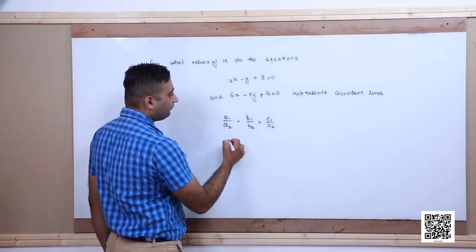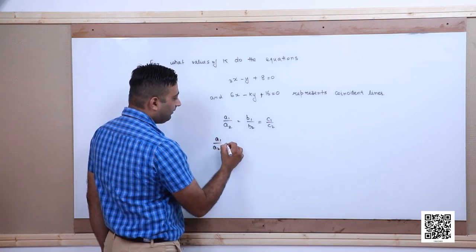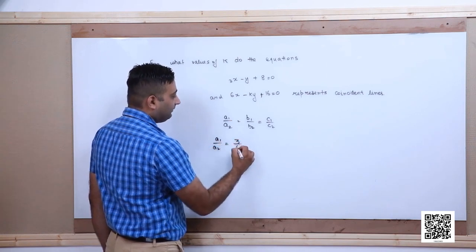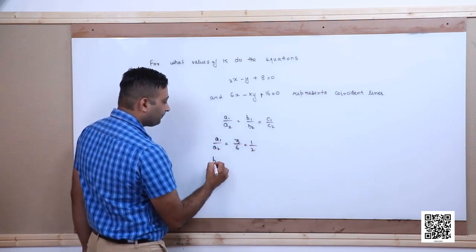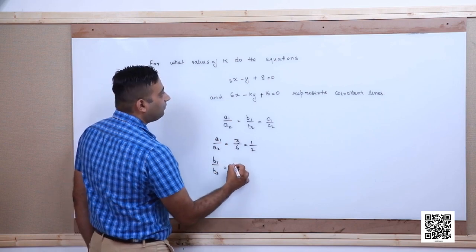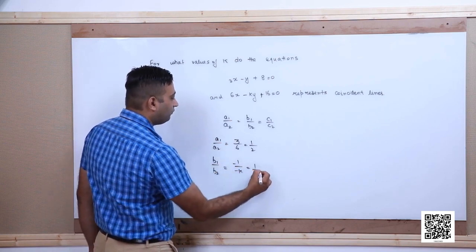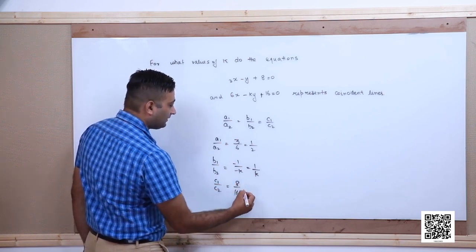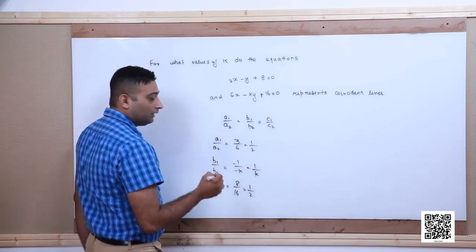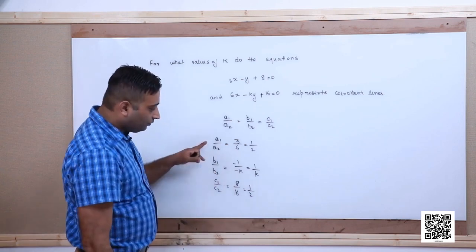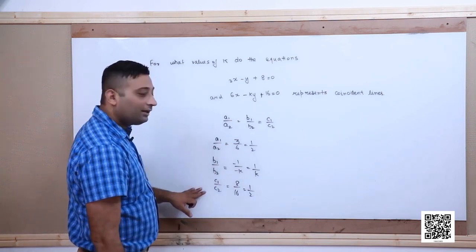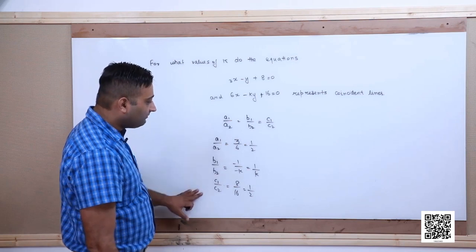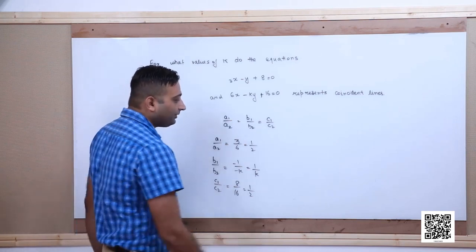So first of all let us compute A1 by A2, that is 3 by 6 which is equal to 1 by 2. B1 by B2 is equal to minus 1 by minus k which is equal to 1 by k. C1 by C2 is equal to 8 by 16 which is equal to 1 by 2. We need to check that A1 by A2 and C1 by C2 are equal before equating these values to B1 by B2.